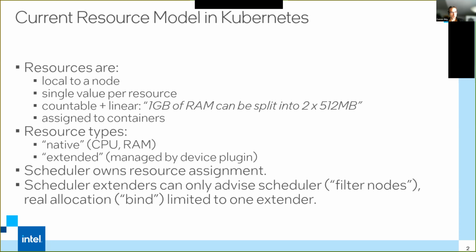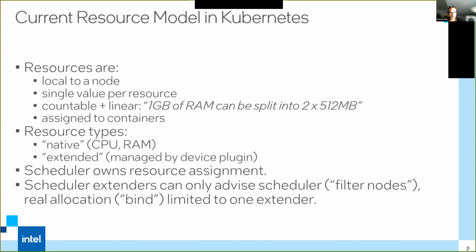Resource types: CPU and RAM are the obvious ones. They also are considered native resources. The extended resources, that's where we have some extension mechanisms in Kubernetes. Those are identified or discovered by device plugins, advertised by kubelet. But they are still fitting into that model of a single counter, some number of things, basically, on a node.